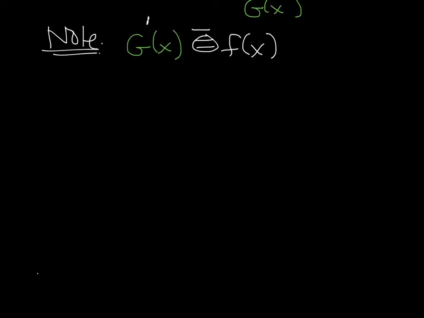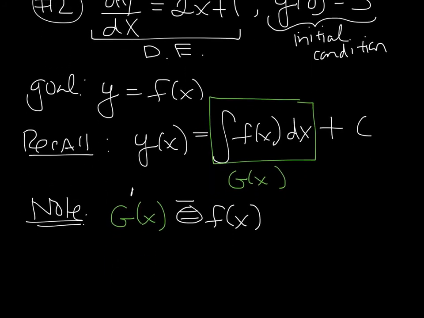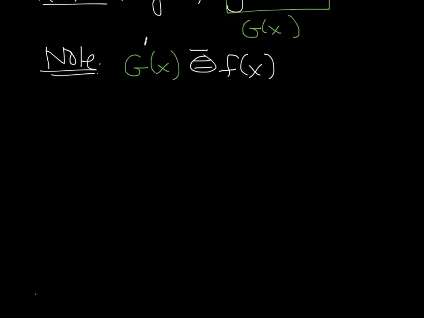Okay, so let's go ahead and integrate this derivative so we can find the solution. The problem was dy/dx equals 2x plus 1. So I'm going to integrate both sides.